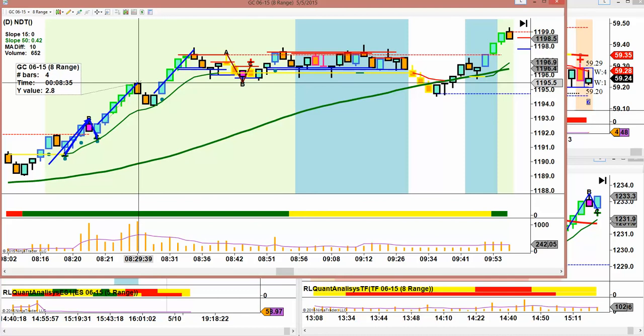The fact that our system didn't set up for it is enough for them to say, I'm not going to be part of a system that's not going to get me into all of these big moves. Well, you're never going to get into all the big moves. Your goal is to get into a large number of successful moves, not to get in on every big market move. If you do, you're going to pull in losers.